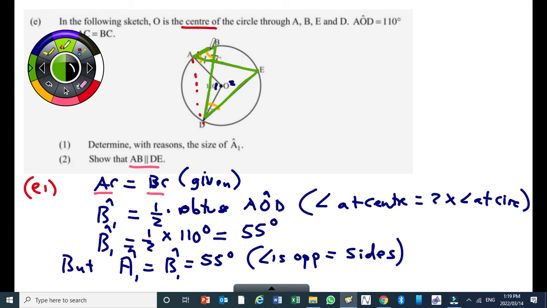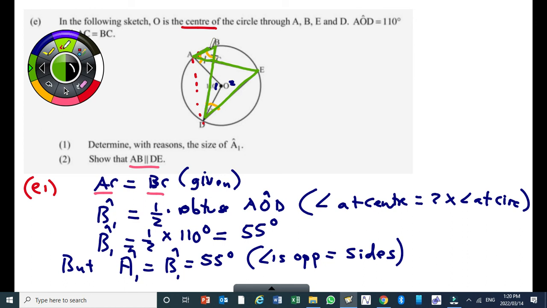That's a butterfly there. So all I have to do is say A1 is equal to that, which means this is 55. Since this is 55 and that's 55, then I'll say B1 is equal to BDE. Therefore, AB is parallel to DE. Then I'll give my reason as alternate angles being equal. And then I'm done.